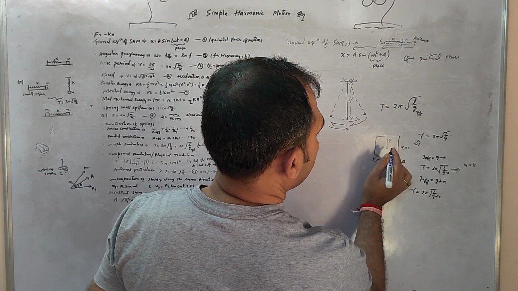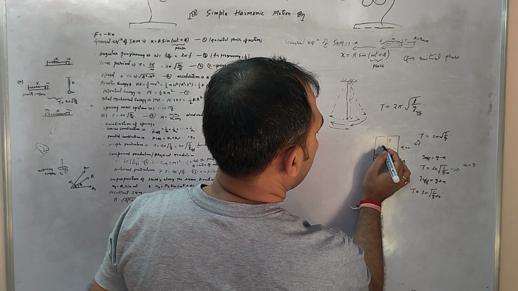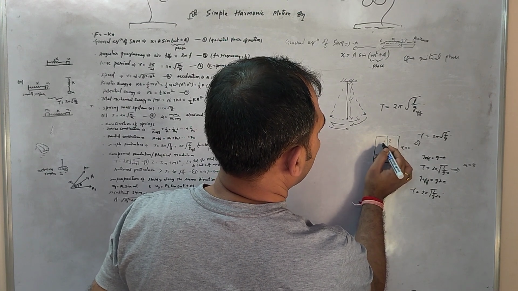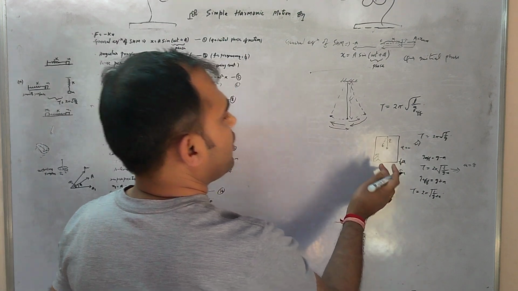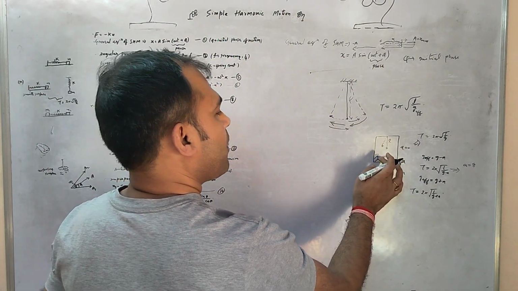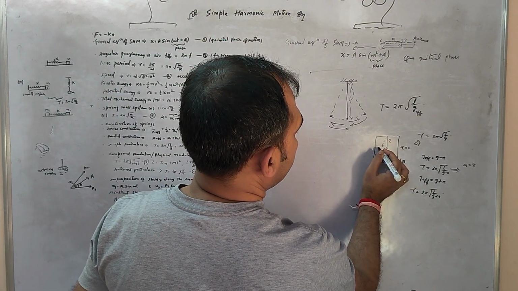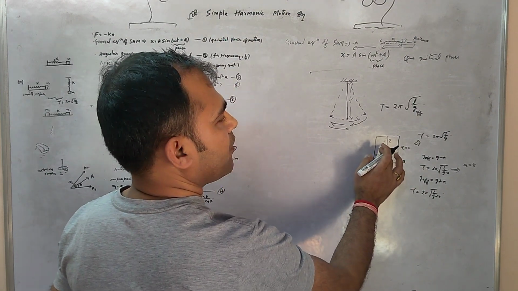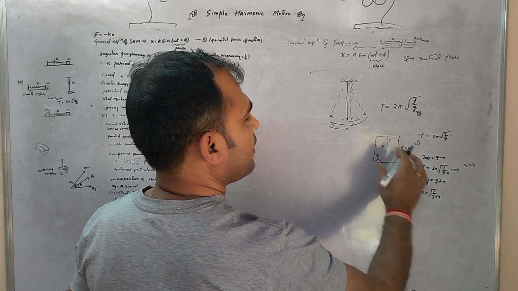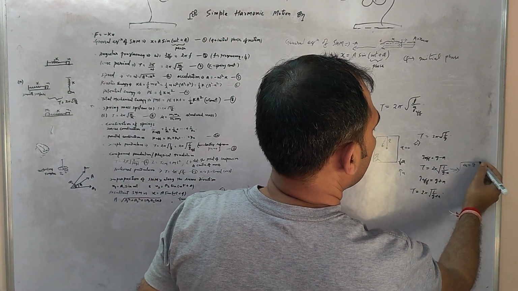So if we leave this at this position, what the observer can see is that it will remain at this point only, when a is equal to g.